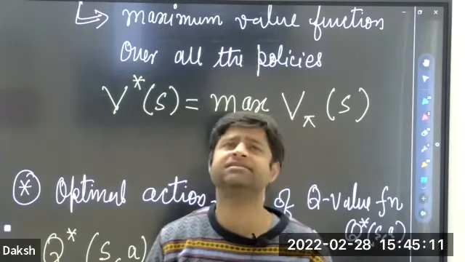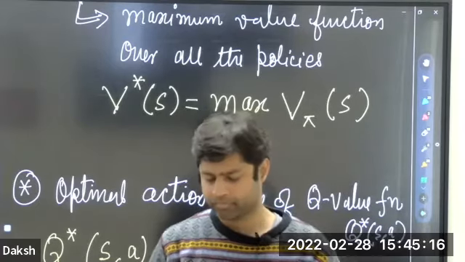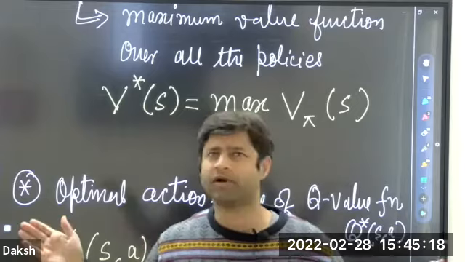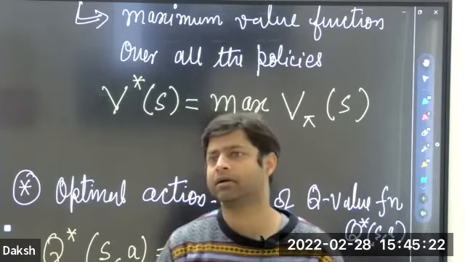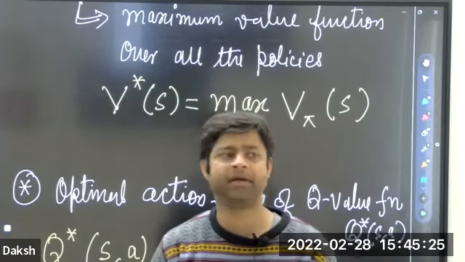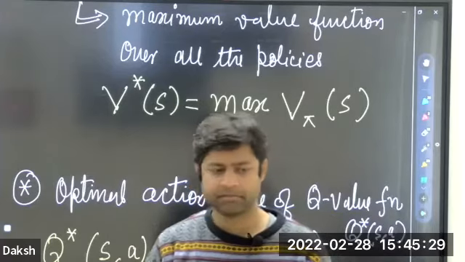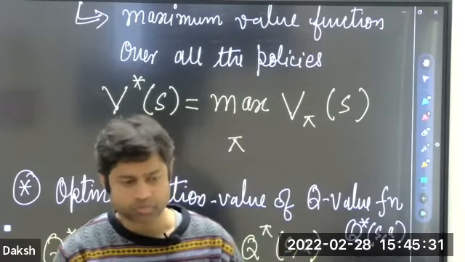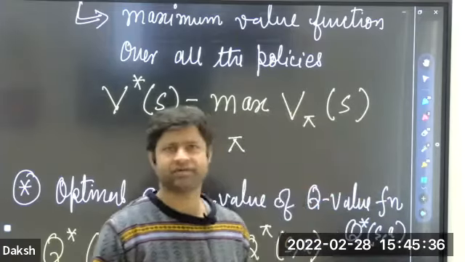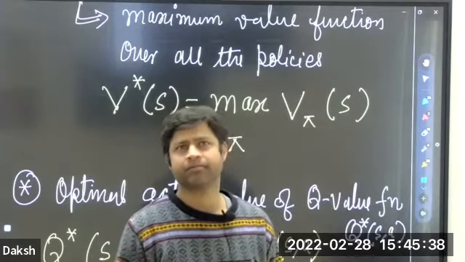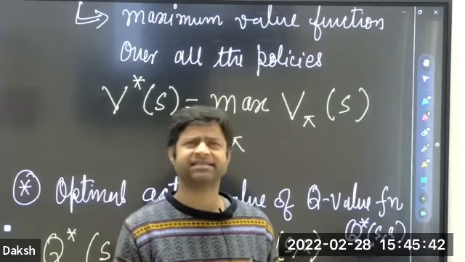In that case, there may be some S for which, no matter what the policy is, it is always bad. It's very difficult to get a state which for all the pi's is always going to be very, very poor. But suppose a state is a prison.